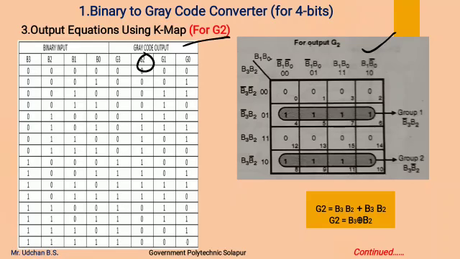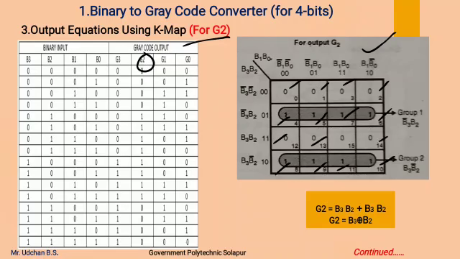The first 4 outputs are 0, so 0 0 0 0. After that 8 outputs are 1, and the last 4 outputs are 0 0 0 0.